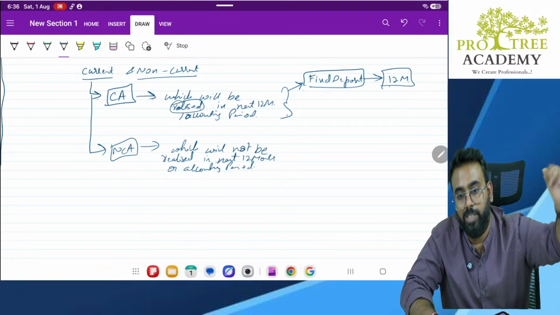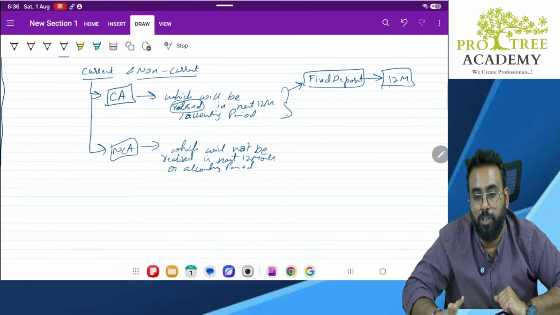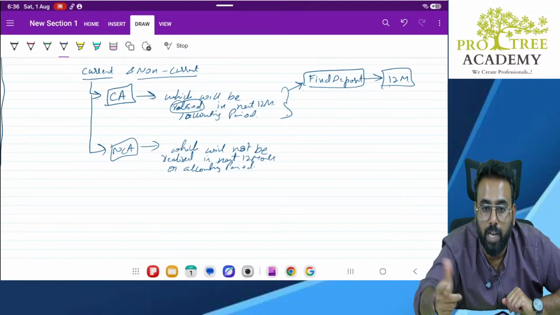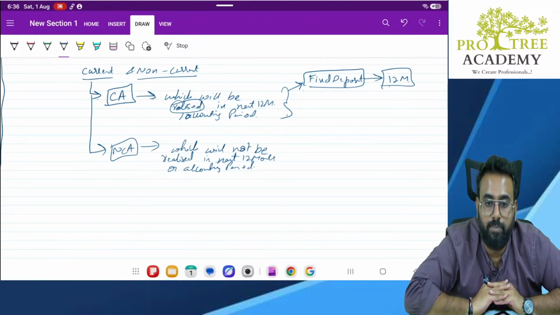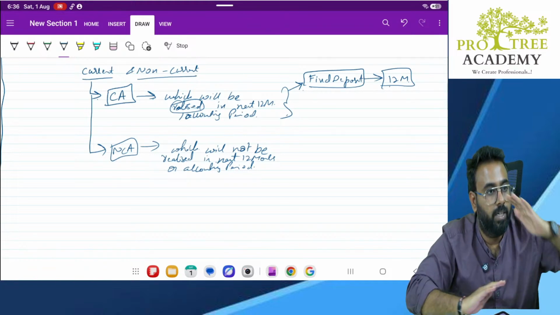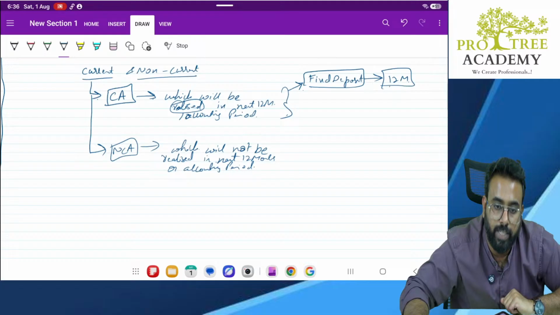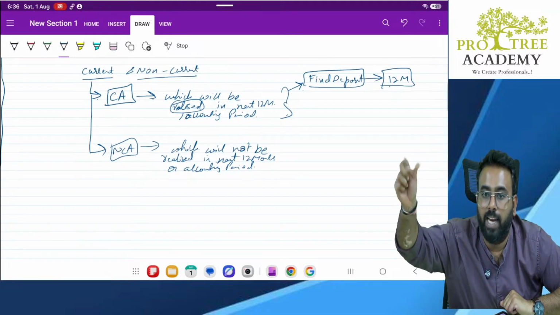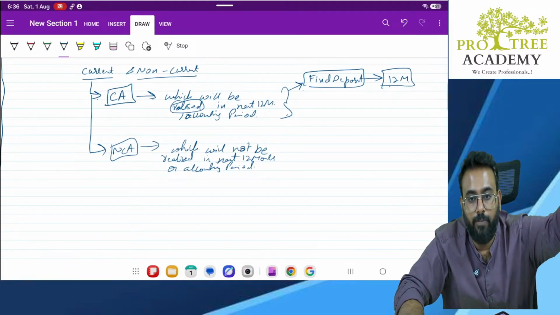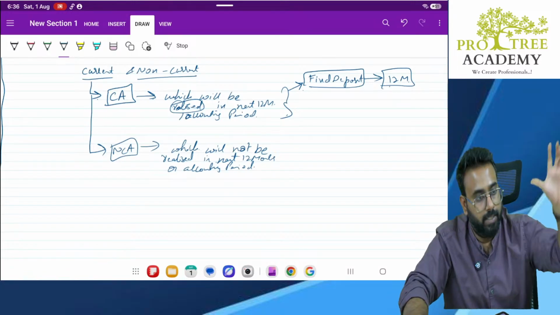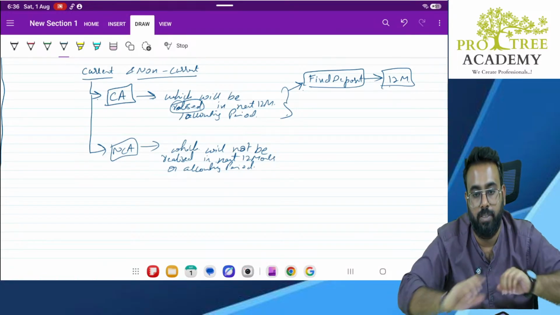Whether in the next 12 months, that fixed deposit can be converted into your bank balance? Yes or no? That means you can end the fixed deposit and convert it into your bank balance. Yes, this is called realization. Ending the fixed deposit and bringing that amount to your bank balance. This process is called realization.